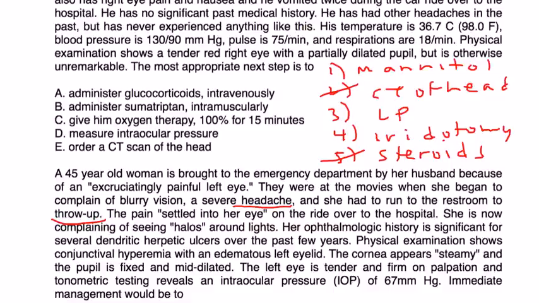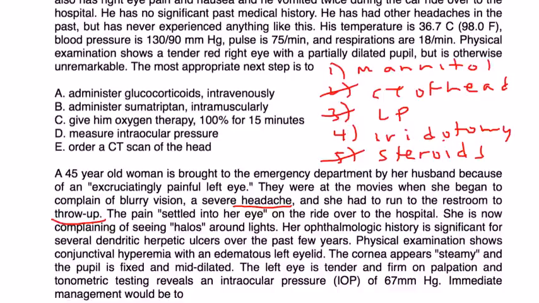I mean, it doesn't sound like it's meningitis or anything of that nature. So now we're down to 1 and 4. Iridotomy, I didn't touch on that, but just in case you're wondering, it's a surgical procedure that sometimes is used to treat glaucoma.